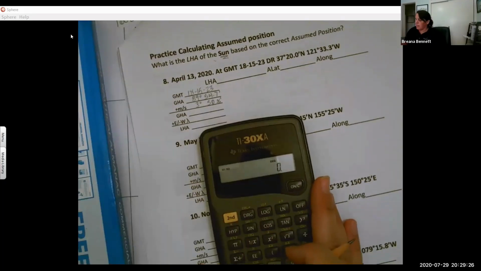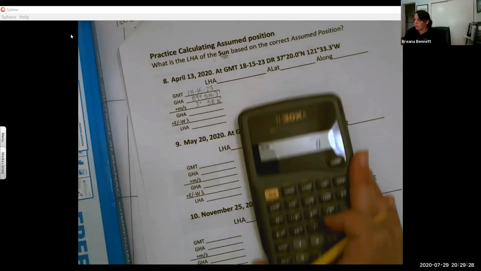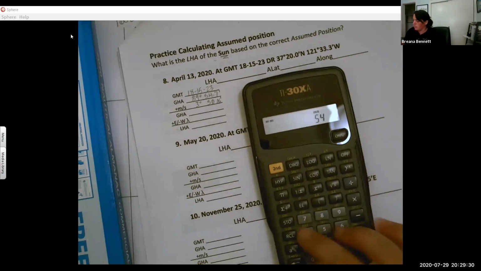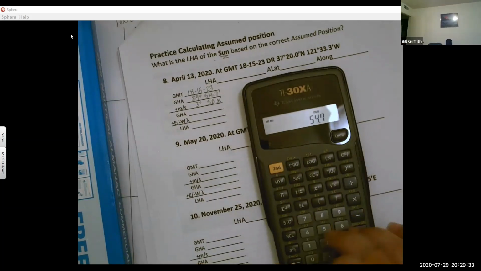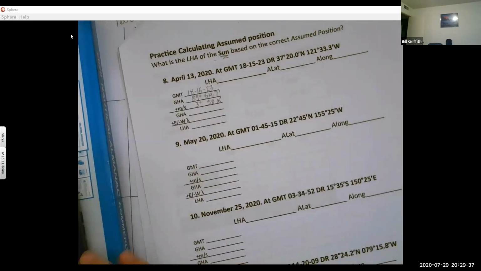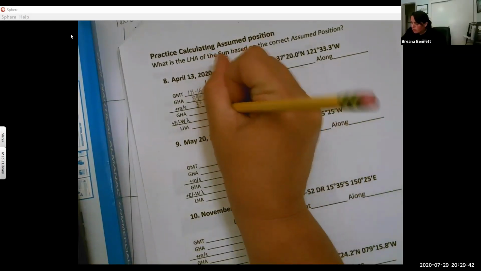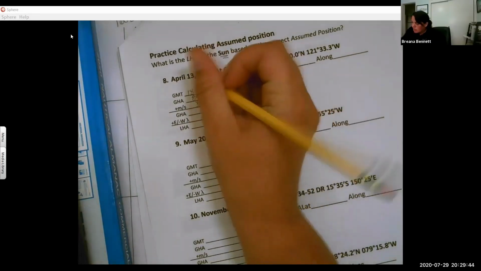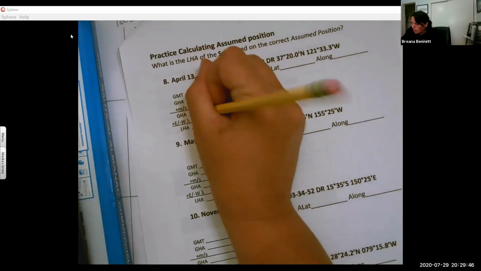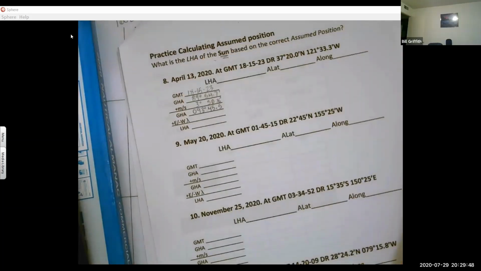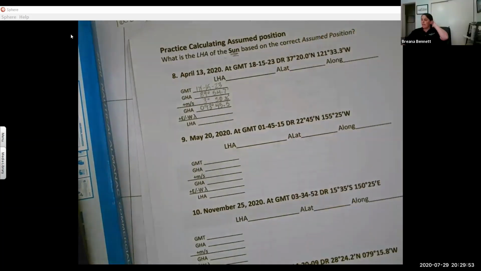So then on my calculator, I can figure out what my GHA is. And I got 45.5 and 0.93. All right, so now I need to get what my assumed longitude is.